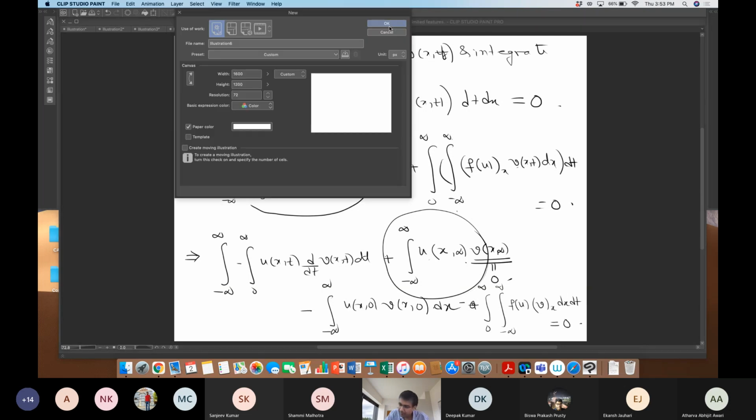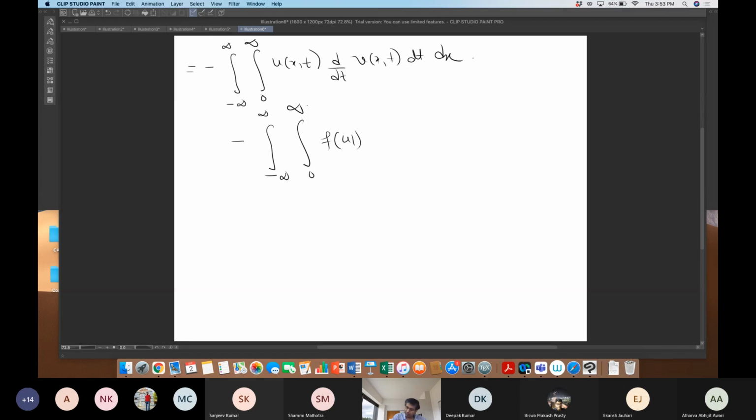So finally you will obtain minus the double integral of u(x,t) times dv/dt dx dt, minus the double integral of f(u) v_x dx dt, plus minus the integral of u(x,0) v(x,0) dx.